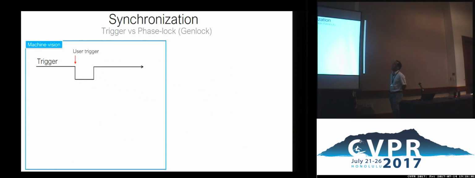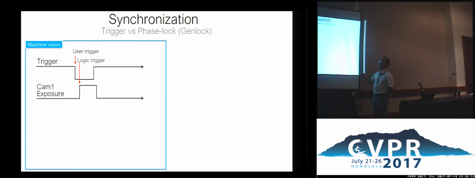And we see a small difference between triggers and phase lock. If the trigger signal is here, then the camera starts exposure a bit later. This is called a logic trigger, and the difference is called the propagation delay. Another camera may have a different delay.